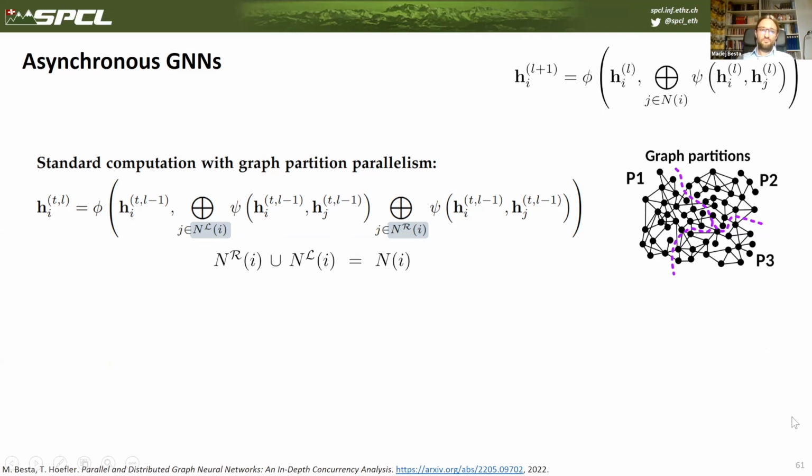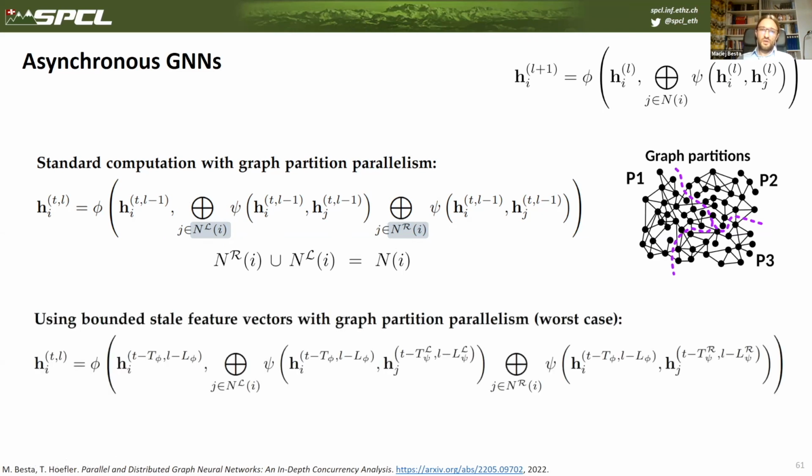And then we can further extend this towards the asynchronous execution, right? So for this, again, let's take a look at the previous equation here. So here we can see we have two indexes now. One, we have this L, which as before indicates our GNN layer, but t now also indicates the training iteration, right? So now we explicitly consider both the training iteration and the GNN layer.